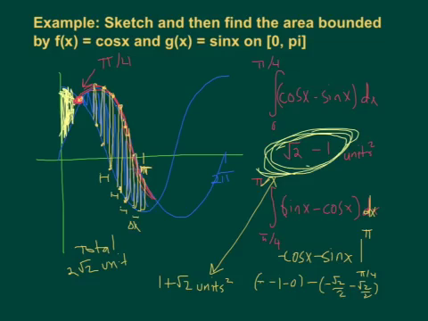If we want to be exact, if we're going to round and be approximate, we should go to 3 decimal places and call this about 2.828 square units. So these are our final answers right here, whichever way you choose to write it.